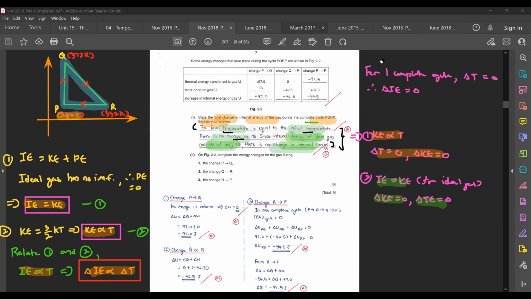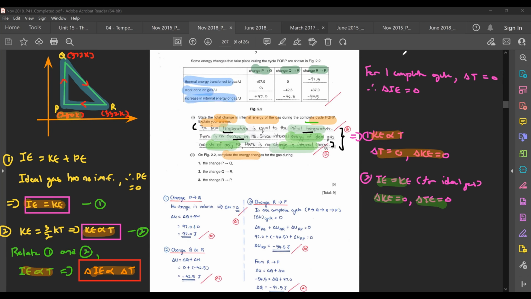All right. Now, if you move on to part 2, part 2 is where you need to complete the table of the energy changes. You have to look at your table column by column. Here you notice that for the changes from P to Q, Q to R, and R to P, the quantities that are listed would be thermal energy transfer to gas, work done on gas, as well as increase in internal energy of the gas.